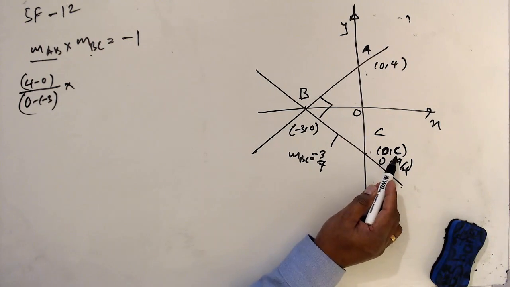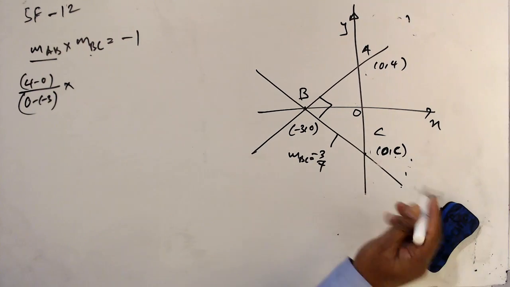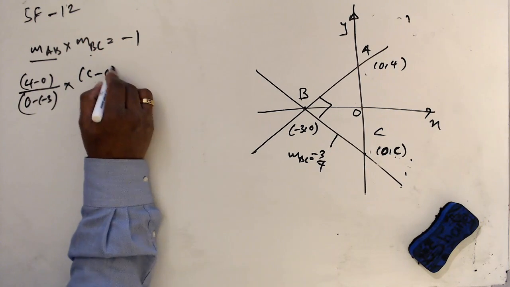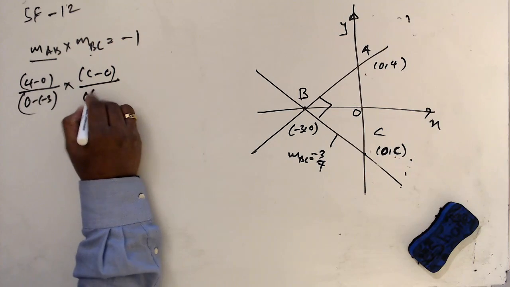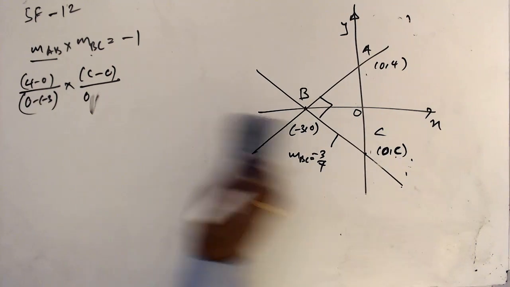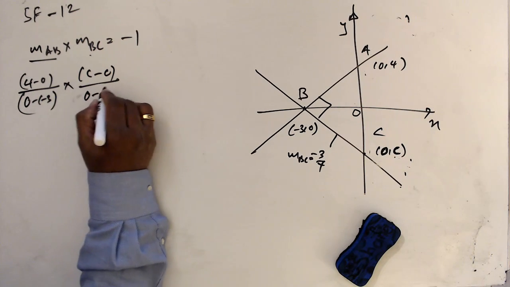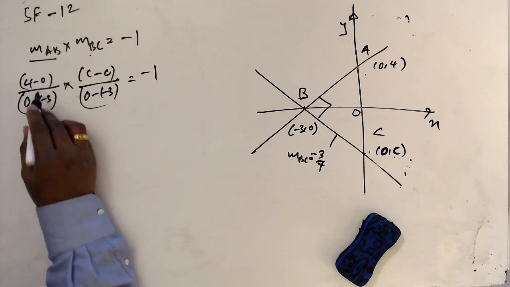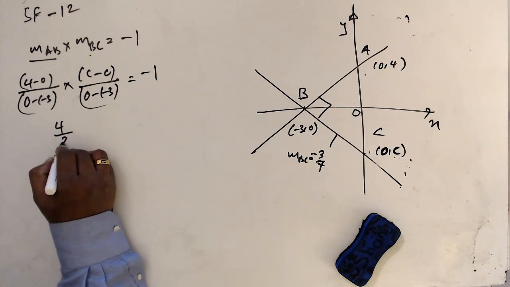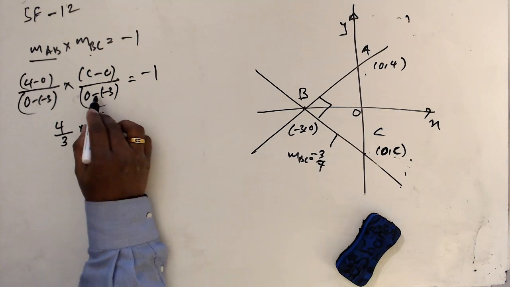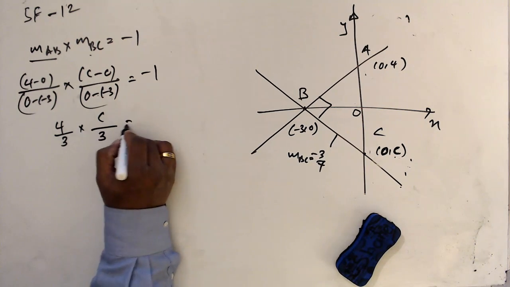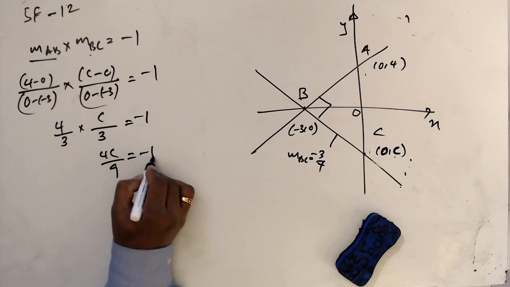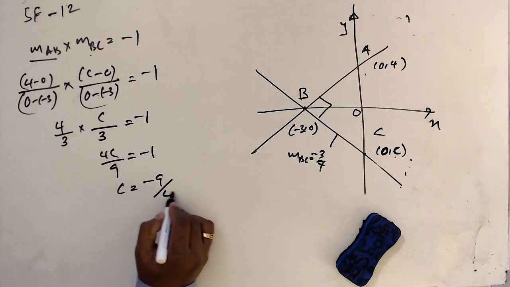For BC, I will take this y coordinate, which is C: C minus 0 over 0 minus minus 3, equals minus 1. Now we solve. This is 4 over 3 times C over 3 equals minus 1. So 4C over 9 equals minus 1. C equals minus 9 over 4.